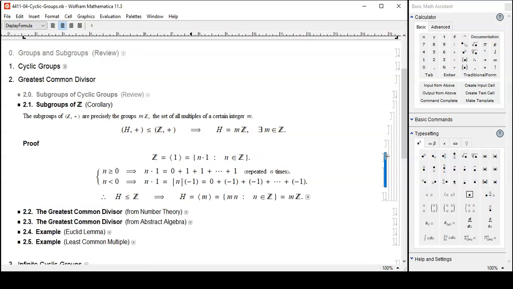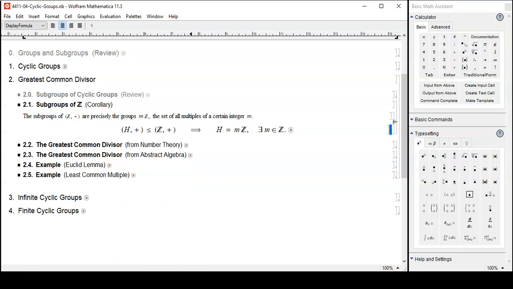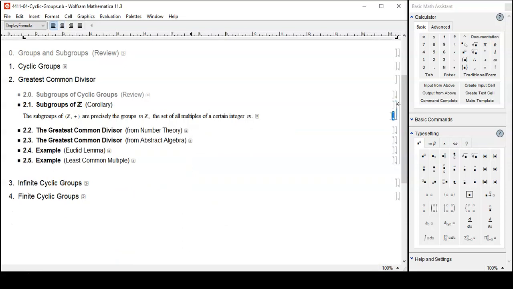And please recall that Z is cyclic, obtained by repeated addition of 1, or subtraction if you go backward. Likewise, get a generator m, repeated addition and repeated subtraction cover it, and you just get mZ. So that's a proof. You have mZ and nothing else.